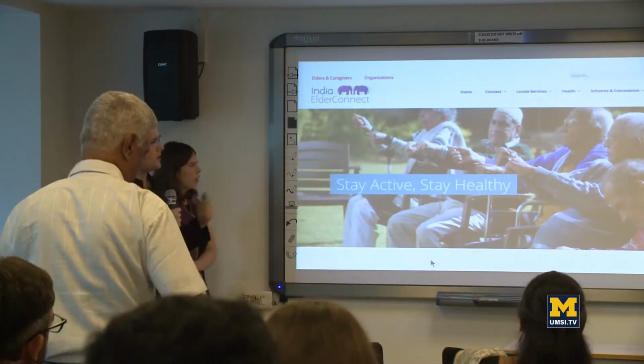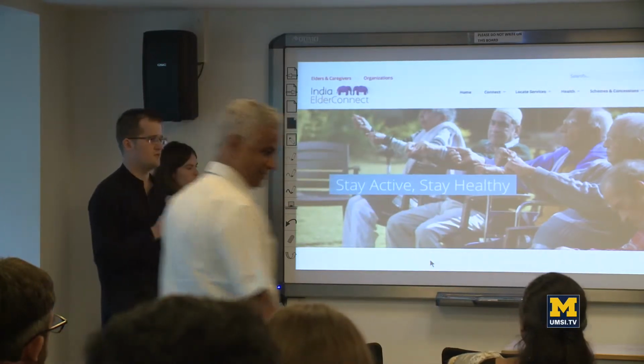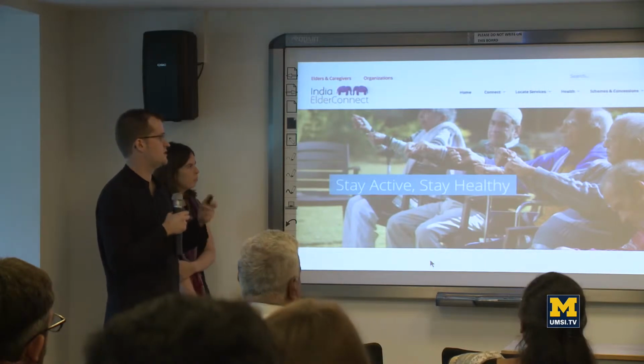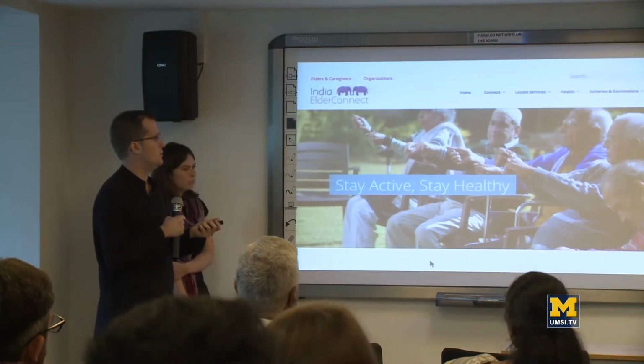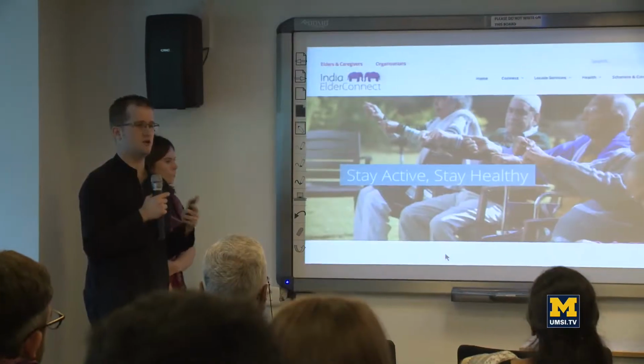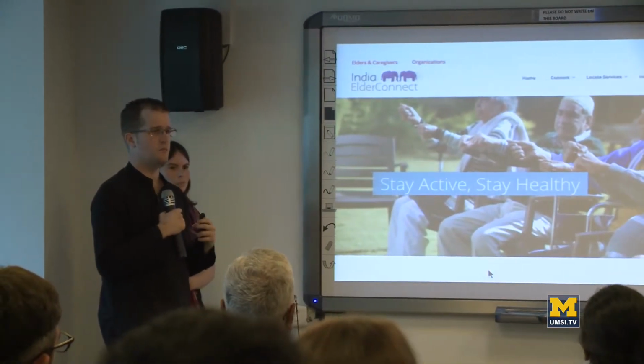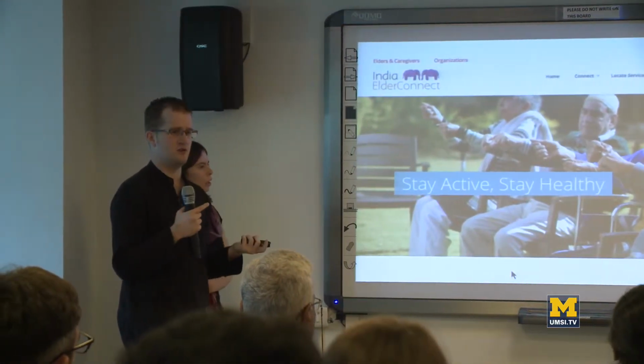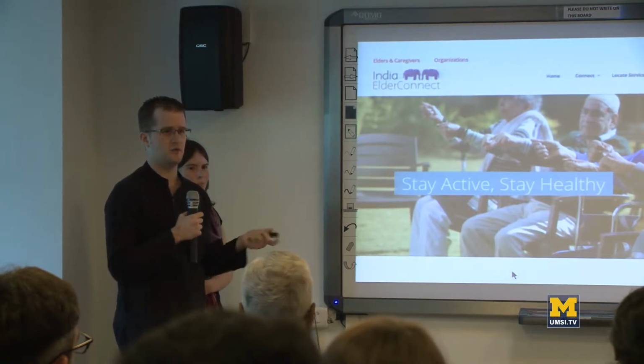And then we have health, which is for them to find information on given topics, schemes and concessions, legal information. And the organizations side, which you can see right here, leads to a different homepage strictly for organizations where they can create listings and also engage in professional discussion forums.